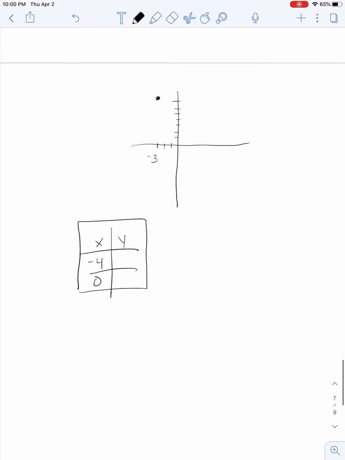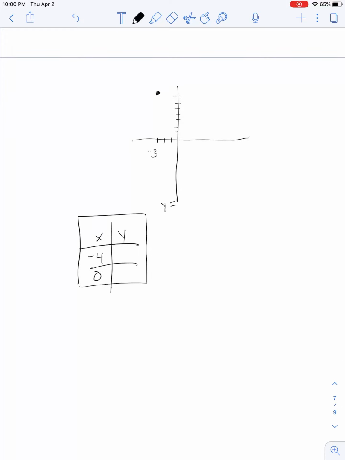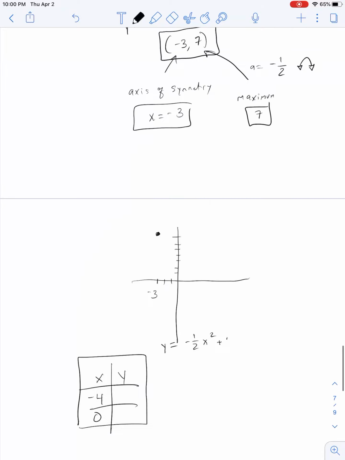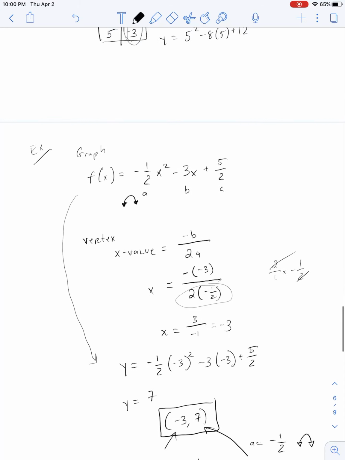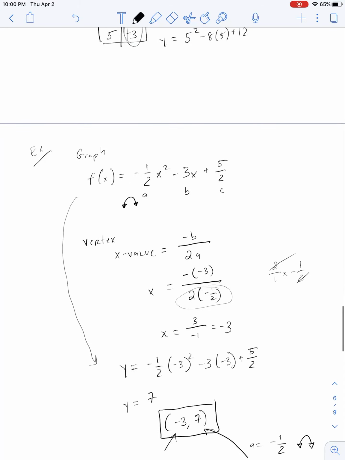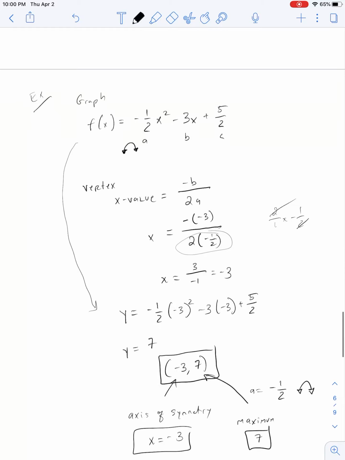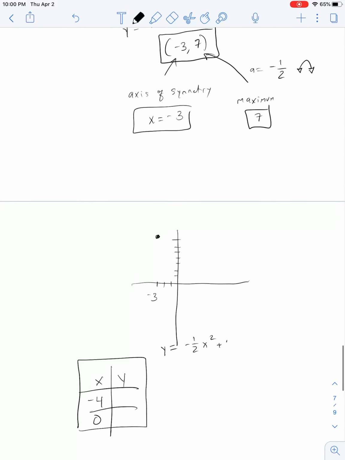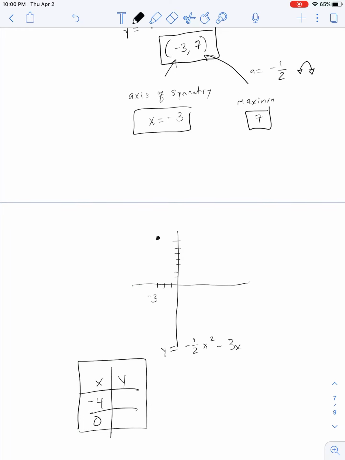So it's y equals negative 1 over 2 x squared minus 3x plus 5 over 2.